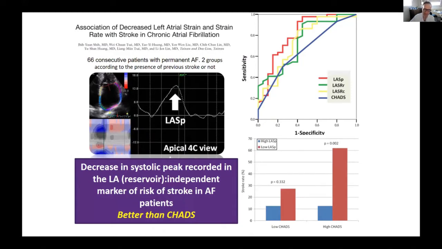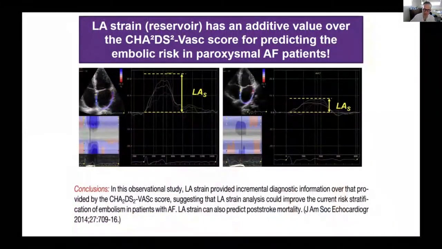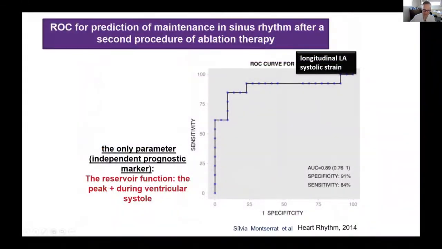And it seems that you can consider the assessment of LA strain in addition to the CHADS or to the CHA2DS2-VASc to improve your capability to predict the risk of stroke. And there are also studies that demonstrated that LA strain has an additive prognostic value to CHA2DS2-VASc, or can be used instead of CHA2DS2-VASc because it's more powerful.